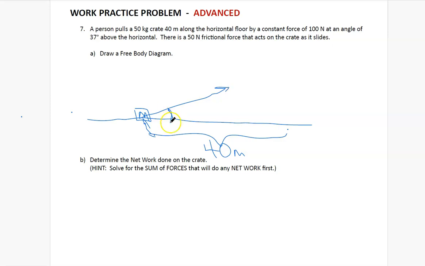And the angle it's forming with the ground is 37 degrees. There is also a frictional force, a 50 Newton frictional force that acts on the crate as it slides. Well, it's going to be sliding to the right, so we know frictional forces always are in the direction opposite movement. So if the movement is this direction, we know the frictional force is to the left.